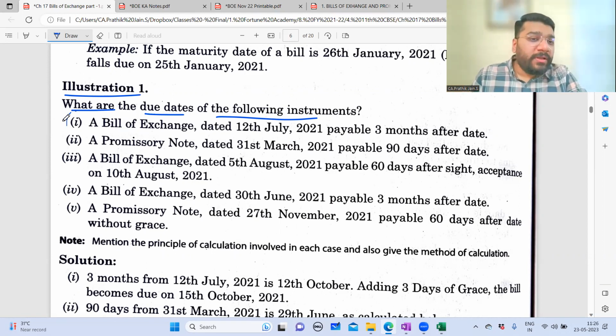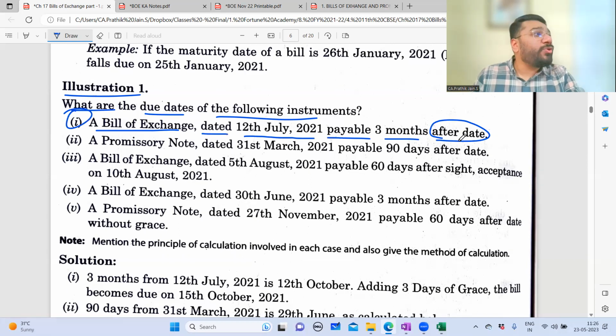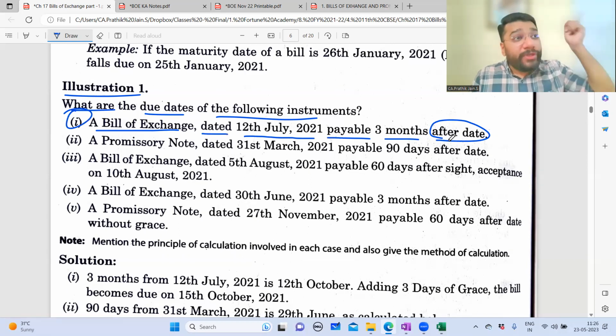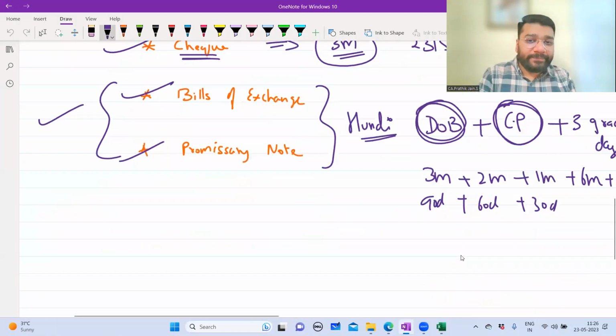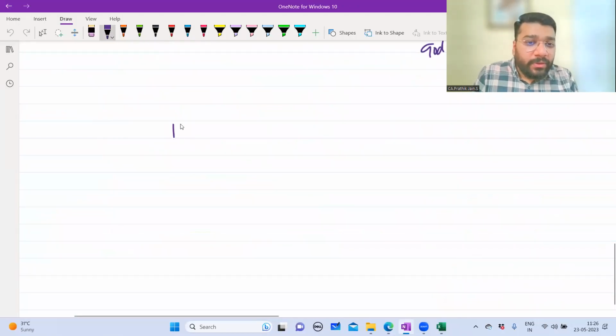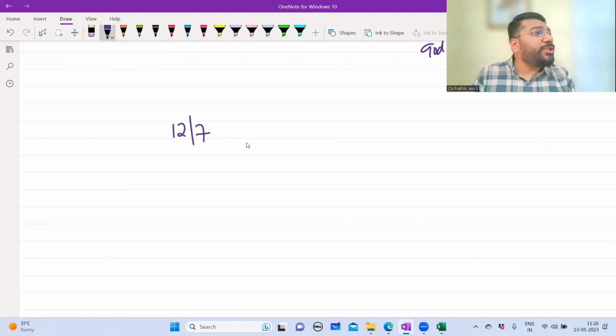Now, first one, guys, you are supposed to calculate the due date. Now, the instrument here is bill of exchange. A bill of exchange is dated on 12 July 2021, payable 3 months after date. After date. So, what is the base date here? The date of issuing the bill. So, what is the date of issuing the bill? 12th of July. 12th of July is the issue date.